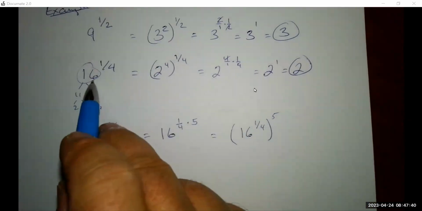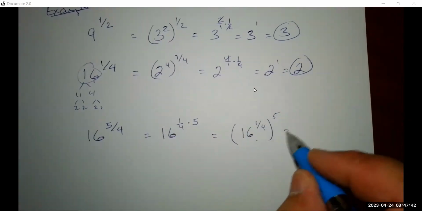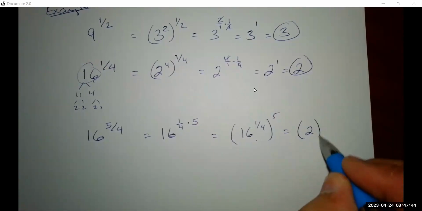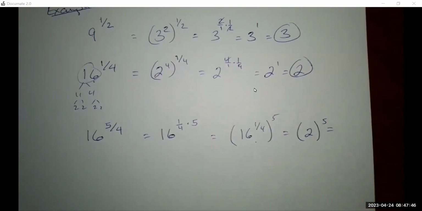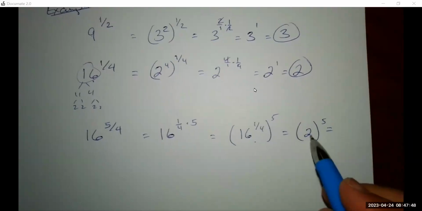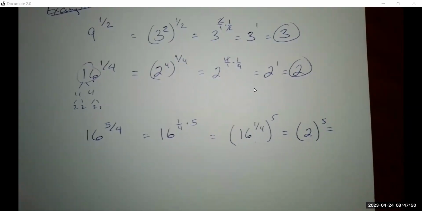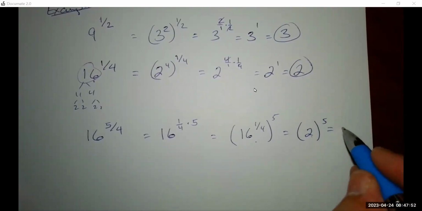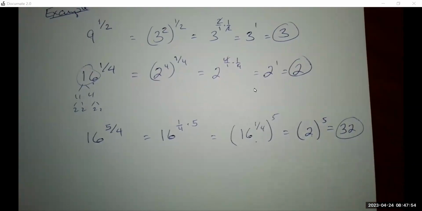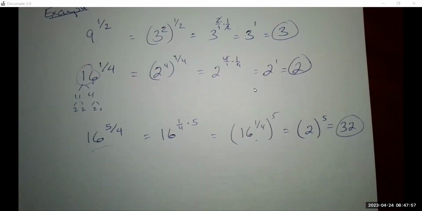We just did 16 to the 1/4 power. That equals 2. So 2 to the 5th is 2 times 2 is 4, times 2 is 8, 16, 32. So that one equals 32.